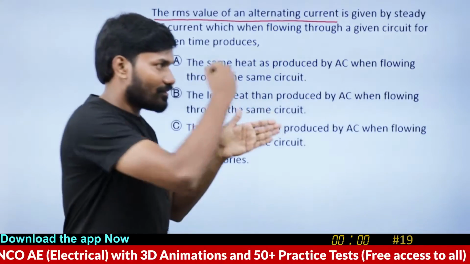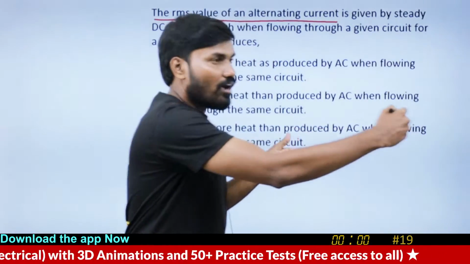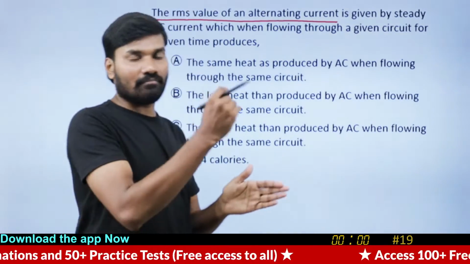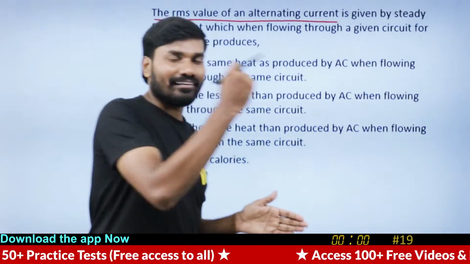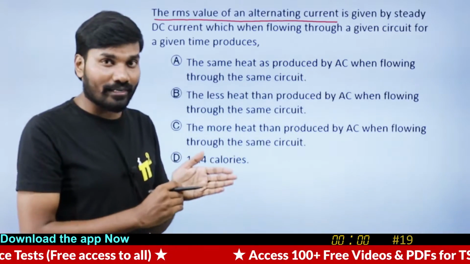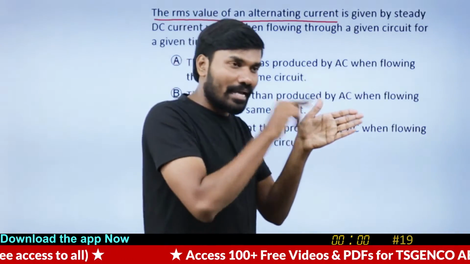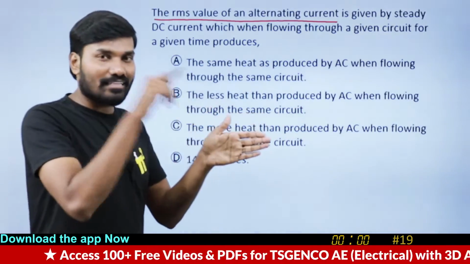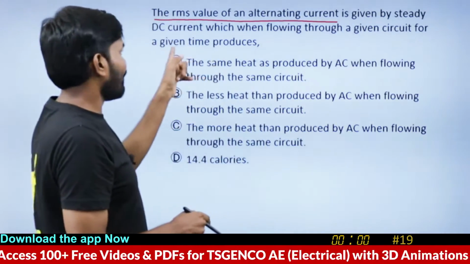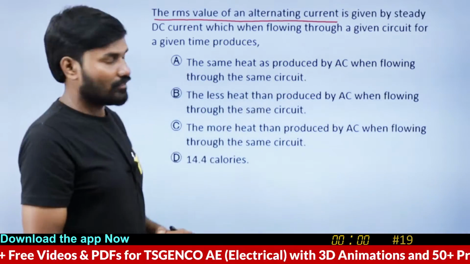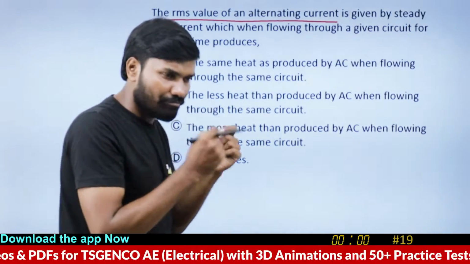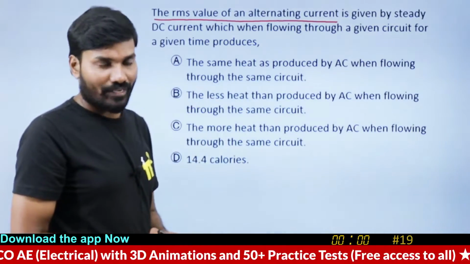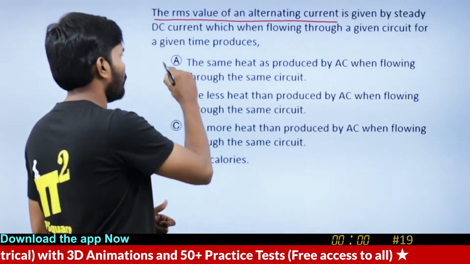Because AC is continuously changing, what is the effective value I should take? I'll take a number, I'll call that number an effective value, provided that if the same value of DC current is given for the same time to the same circuit, it should produce the same heat. That's the basic idea of the RMS value, and that effective value we'll call the RMS value.